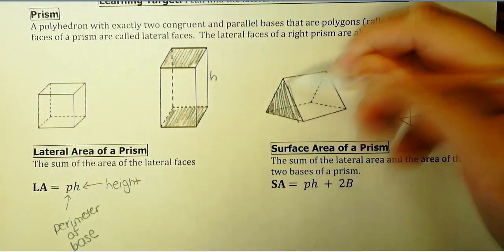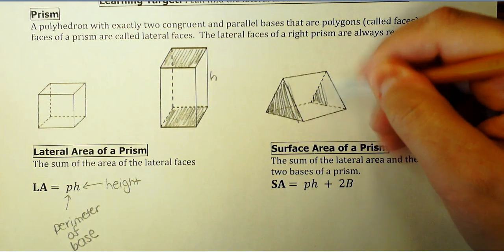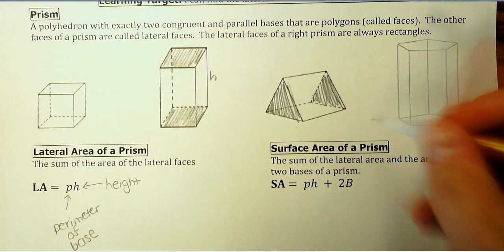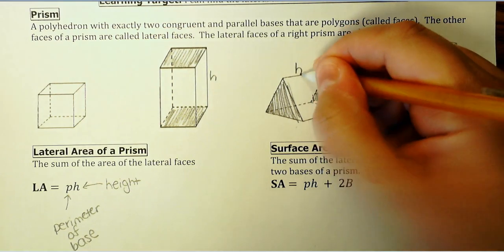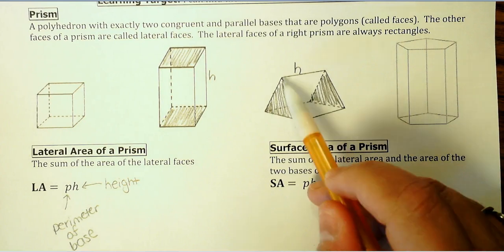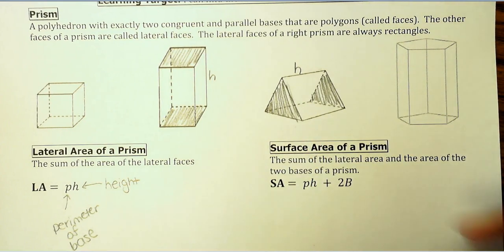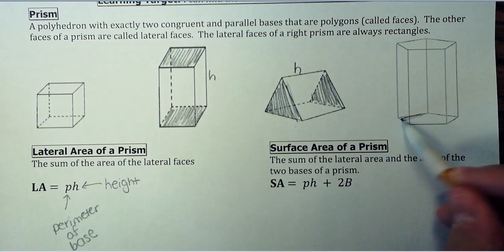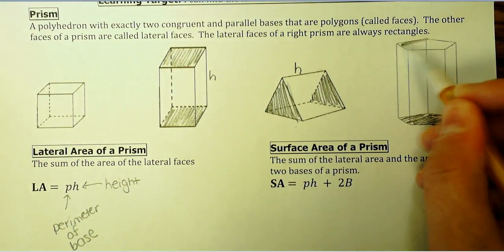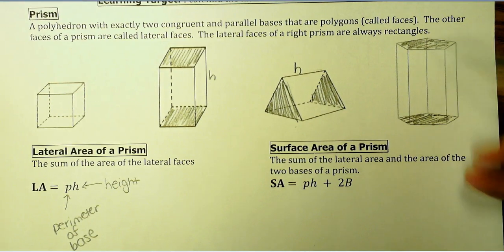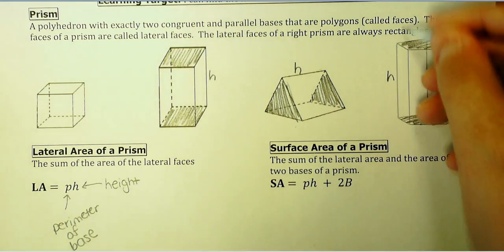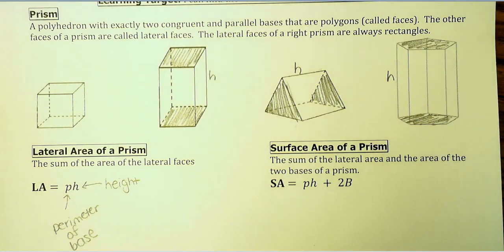Here's this triangular prism, so the triangles are the bases. Here I would have to find the perimeter of the triangle, and the height always runs between the two bases, so if it's laid out like this, the height can go this way as well. If you're looking over here, here's the pentagon, another pentagon, so a pentagonal prism. These are the two bases, so we'd have to find the perimeter of the base, and then again, the height runs between the two bases.